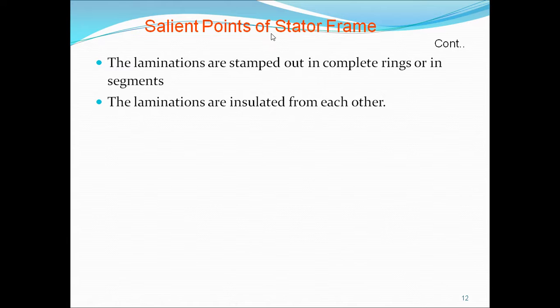How are the laminations? The laminations are insulated from each other. If the insulation is not there, then what happens? They become short circuited. You may have noticed many times someone saying the motor is burned. How is it burning? When it is running continuously, some losses are there, in the form of heat.